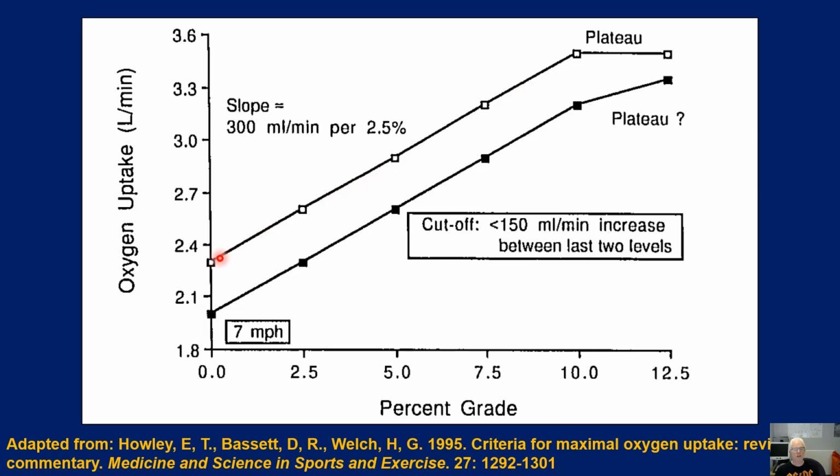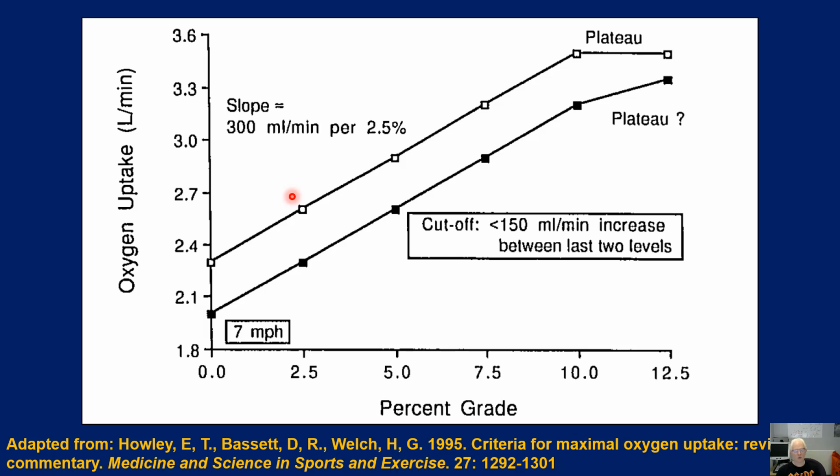And so they looked at the submaximal response. And remember that the VO2, as we defined previously, increases linearly, or has a linear-like response to exercise intensity. So you could work out what the average VO2 response was. So in this data set here, they've worked out the average VO2 based on the slope is 300 mils per minute per every 2.5% increase in gradient.